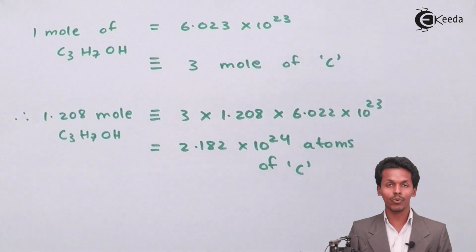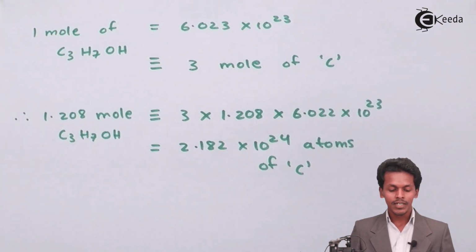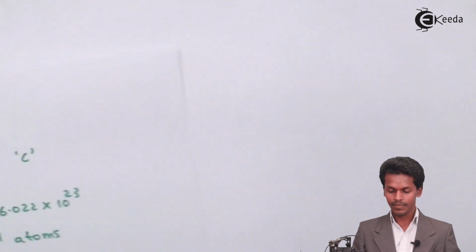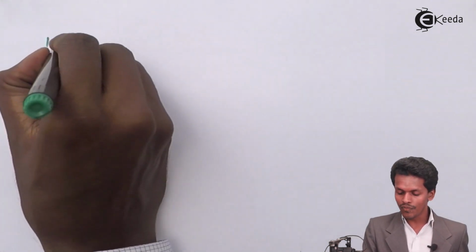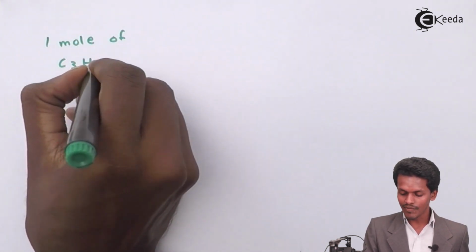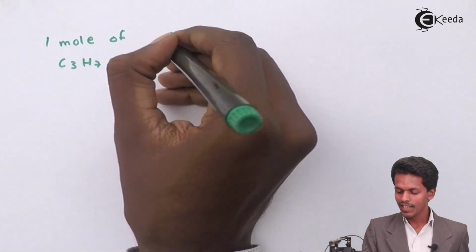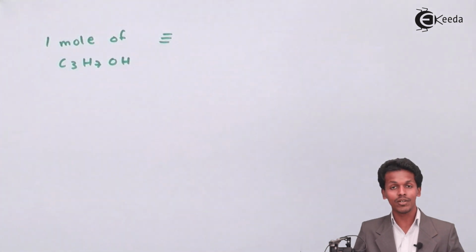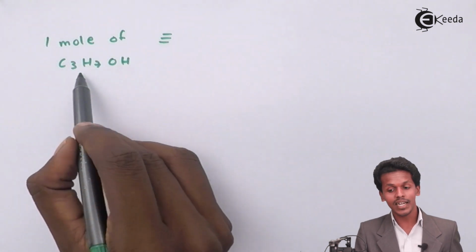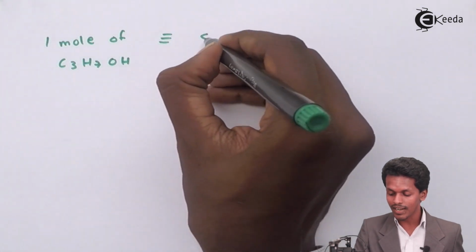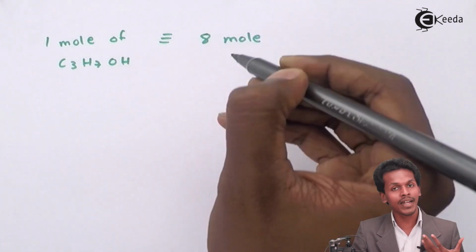Next we are going to calculate the number of hydrogen atoms. In 1 mole of isopropanol, C3H7OH, the number of hydrogen atoms is nothing but 8. How? Because there are 7 hydrogen atoms here and another hydrogen atom here, so a total of 8 hydrogen atoms. Therefore there are 8 moles of hydrogen atoms, or gram atoms of hydrogen.